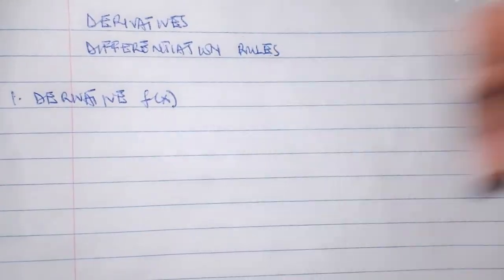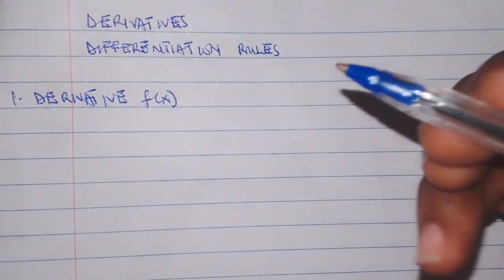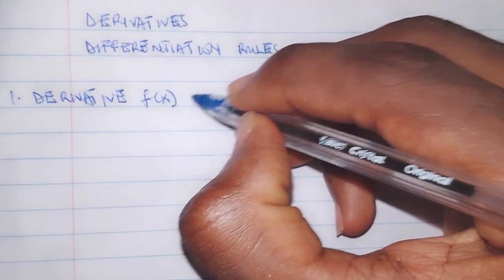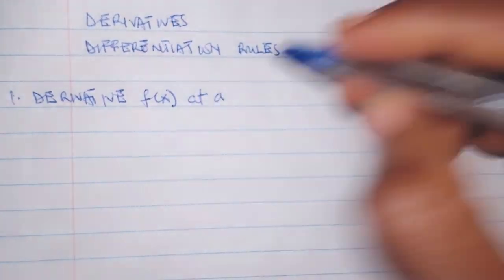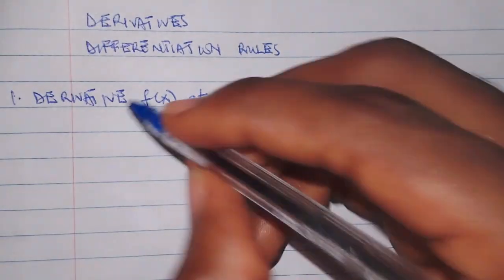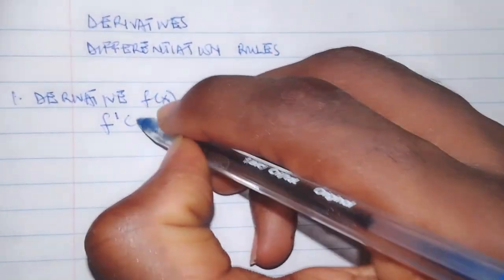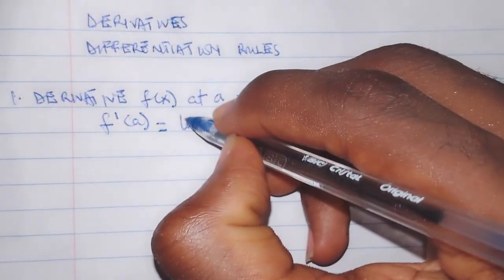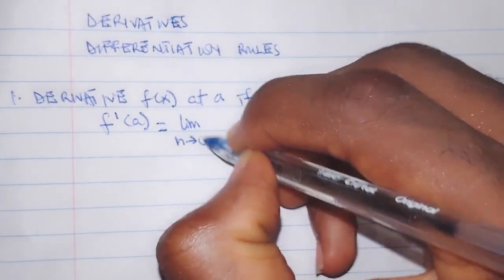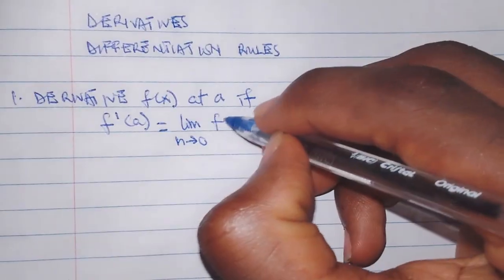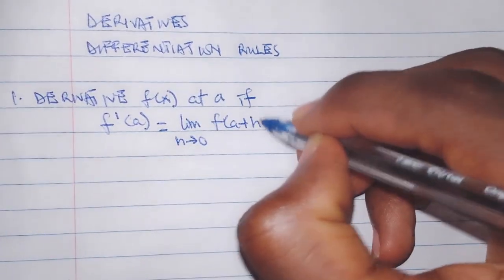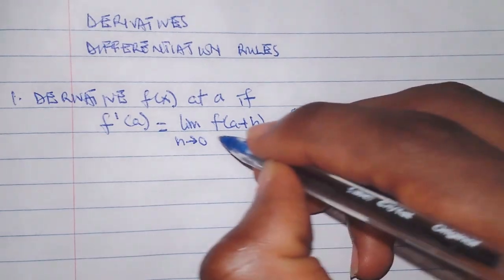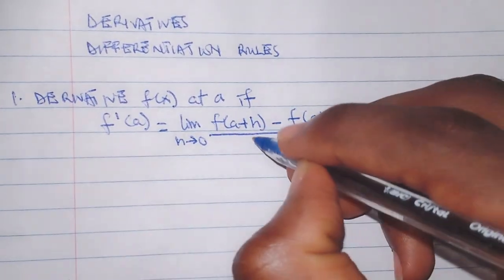It can be differentiated at a if the derivative of f of x at a is equal to the limit as h approaches 0 of f of a plus h minus f of a all over h.